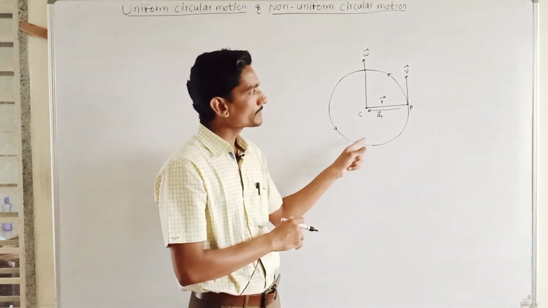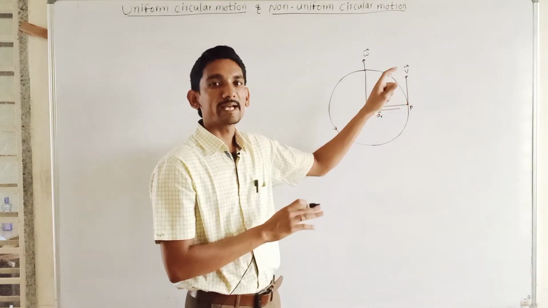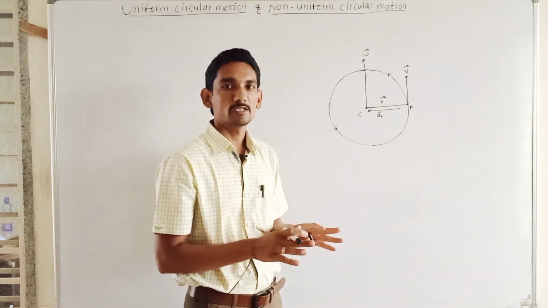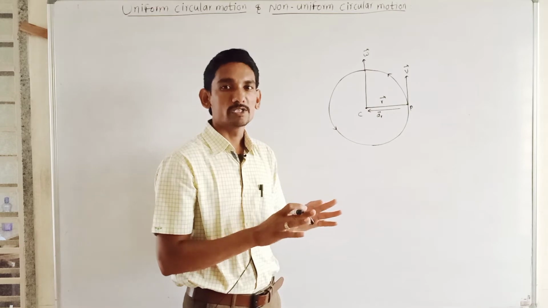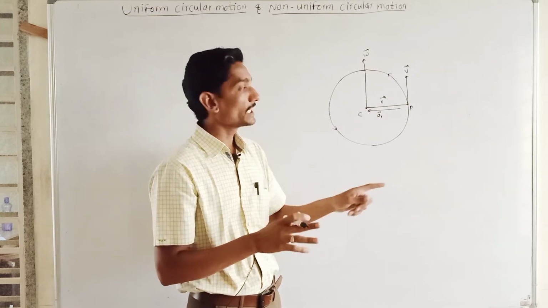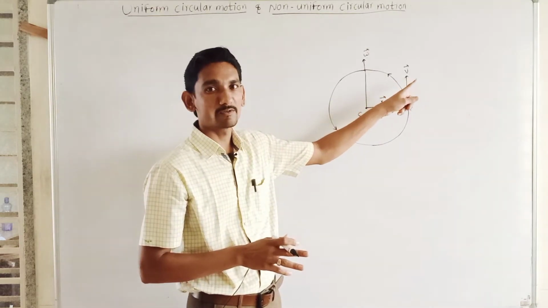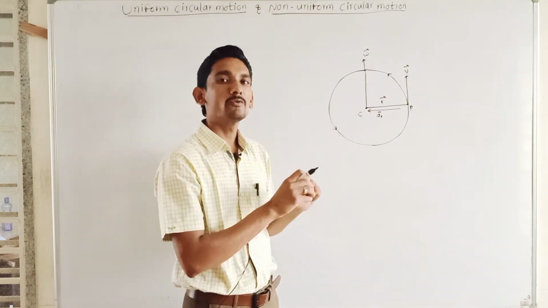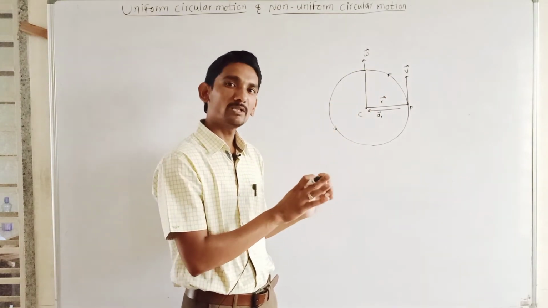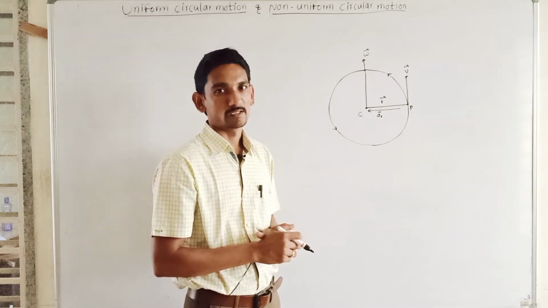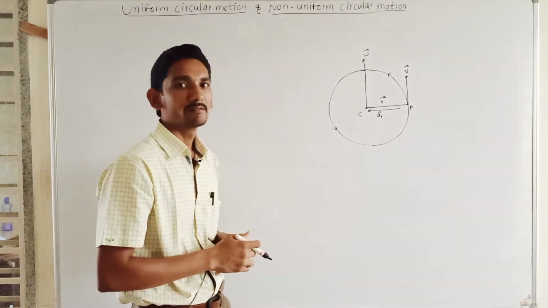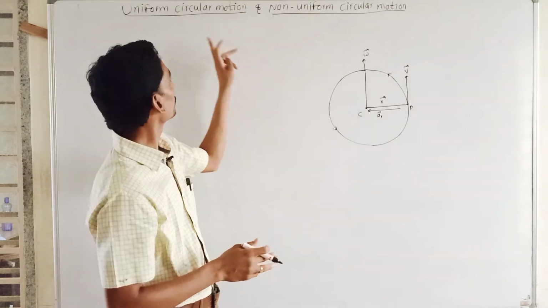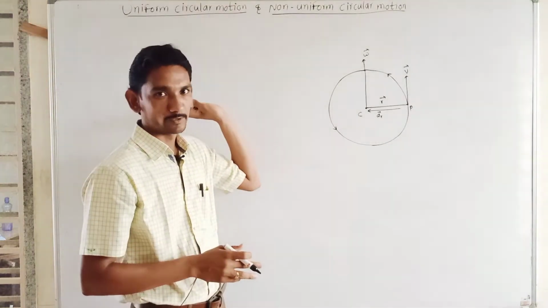In uniform circular motion, the magnitude of linear velocity does not change, but the direction of this linear velocity always changes. It changes at every instant while keeping the magnitude constant, and therefore we can say that it is the uniform one.